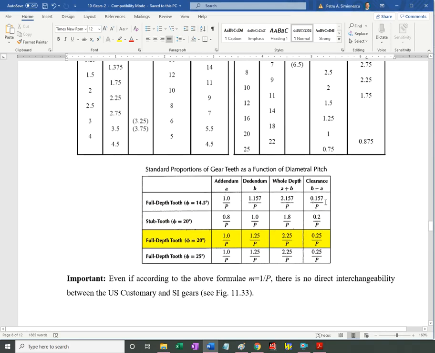So addendum, whole depth and clearance are standardized, with what's in yellow being the most common one. So addendum 1 over diametral pitch, dedendum 1.25 over P, clearance 0.25 over P. For the metric system, you just replace 1 over P, capital P, with M, and the same are standardized.